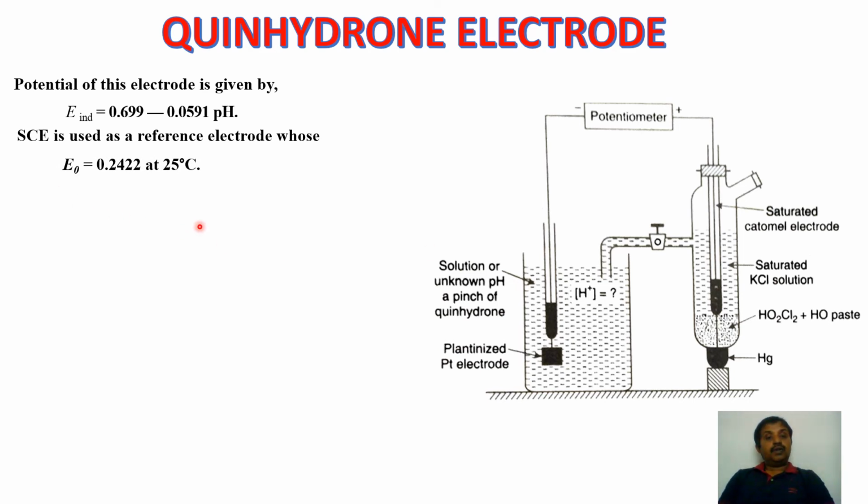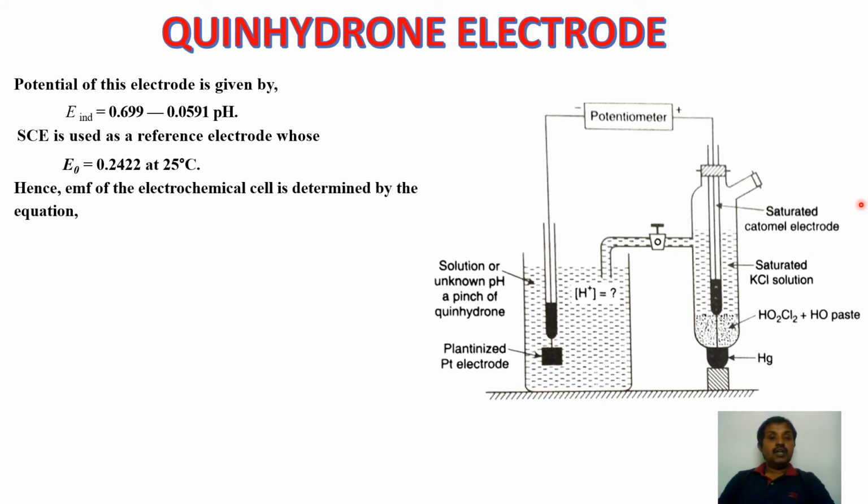E naught, that is the standard potential, is equal to 0.2422 at 25 degrees centigrade. Hence, the EMF of the electrochemical cell is determined by this equation, that is, the electromotive force of the cell is equal to the electromotive force of the indicator electrode minus the electromotive force of the reference electrode.